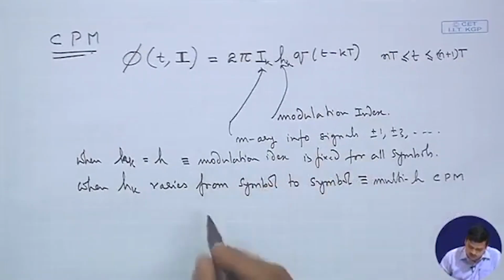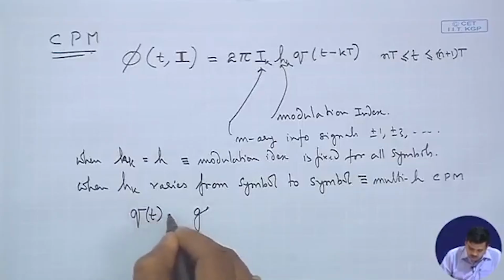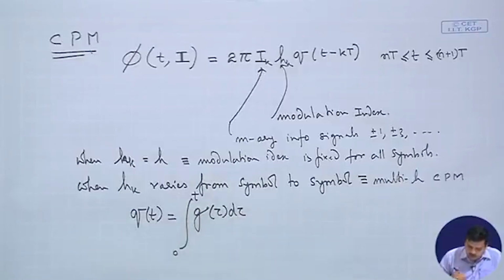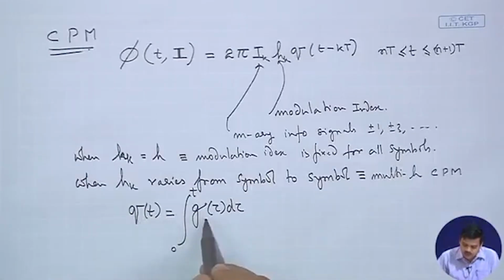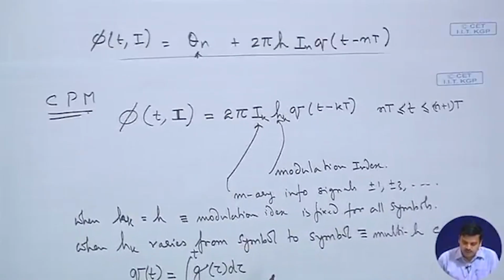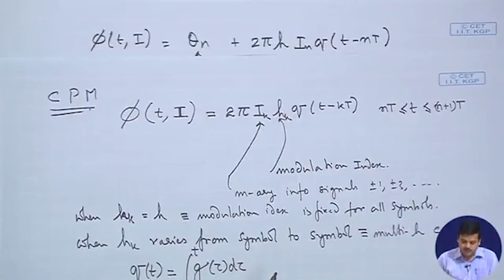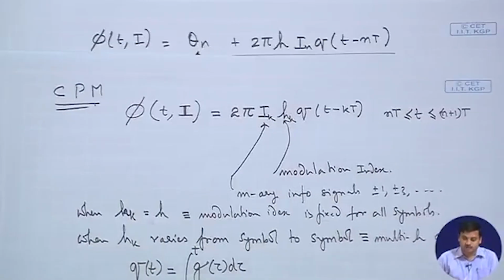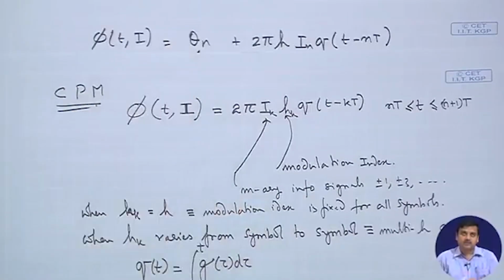And of course, we have q of t equal to the integral from 0 to t of g of tau d tau. So, if you put all of this in place, you are going to get this expression, as we had done before for continuous phase frequency shift keying for the case when h k equals h. So, this is a more generic form and this is a special case of CPM.